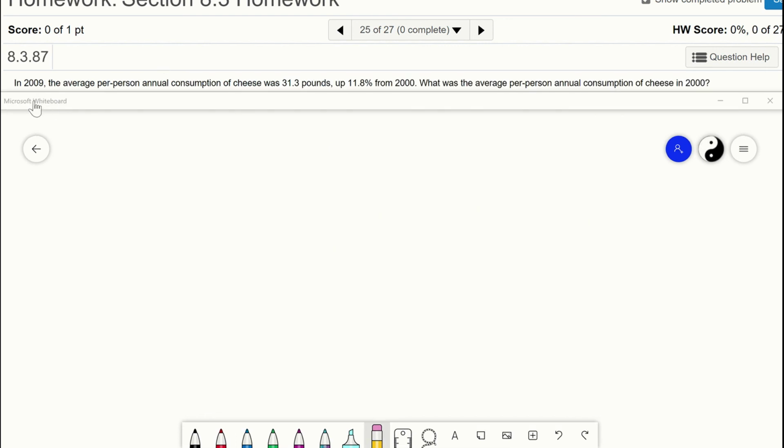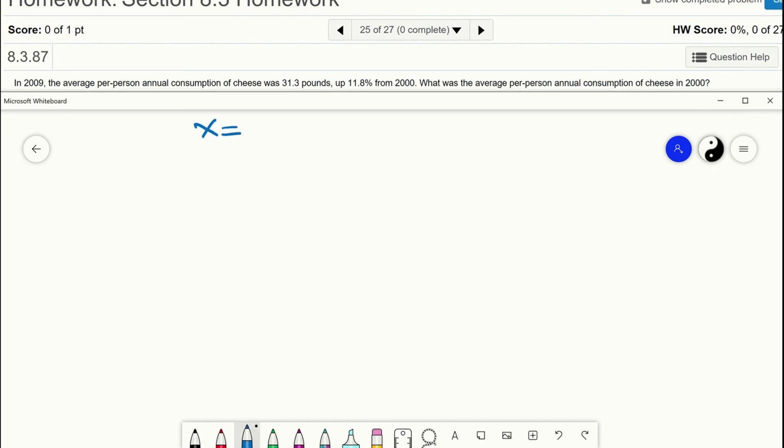Okay, in this problem, we know that in 2009, the average per person annual consumption of cheese was 31.3 pounds, which was up 11.8% from 2000. What was the average per person annual consumption of cheese in 2000? So that's our unknown, right? We don't know what the consumption was in 2000.